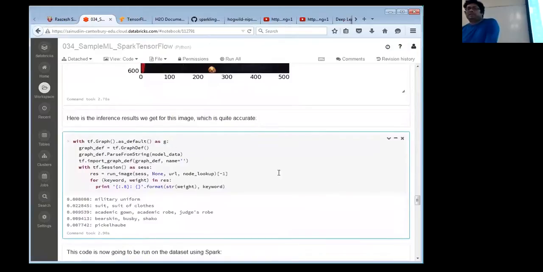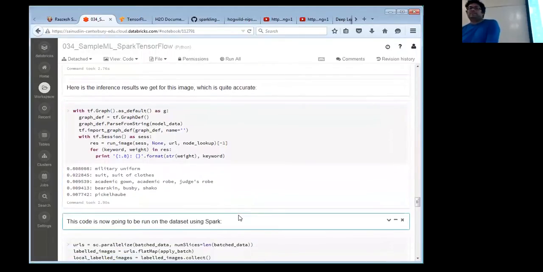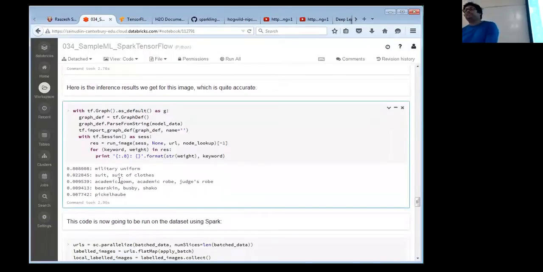And then if you pass that URL into the model we downloaded that has been broadcast to all the Spark nodes, then it picks up the objects: 0.808 probability, it's a military uniform, and 0.02, it's a suit of clothes. It's pretty good. I don't know what this is, pickle hob. It's very low probability. So it's able to do these predictions of objects.